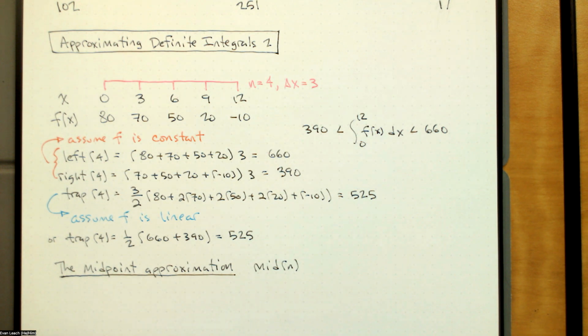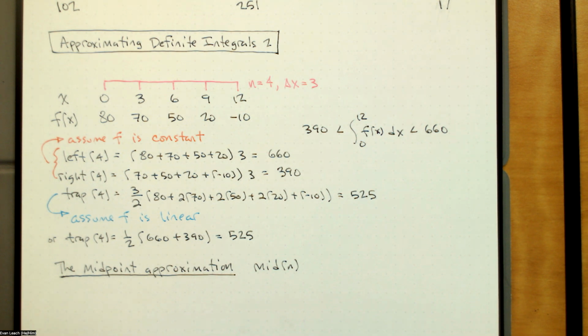Now, the problem with this particular data set is I've only got 5 points. The sneaky thing is I gave you 5 points so that we could come up with some midpoints. On our data set, I don't have information about what's going on at the midpoint of 4 intervals. I don't know the midpoint of 0 to 3 or 3 to 6, 6 to 9, or 9 to 12.